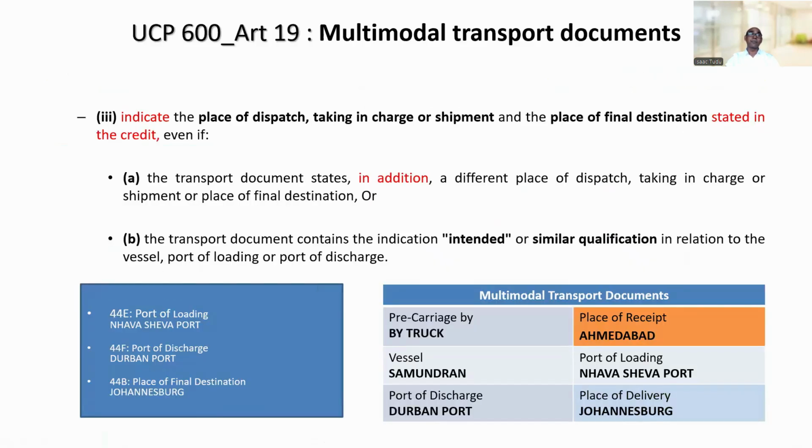Let us move forward. Article 19A3. It says the multimodal transport document must appear to indicate the place of dispatch, taken in charge or shipment, and the place of final destination stated in the credit, even if the transport document states in addition a different place of dispatch, taken in charge or shipment, or place of final destination, or the transport document contains the indication intended or similar qualification in relation to the vessel, port of loading or port of discharge.